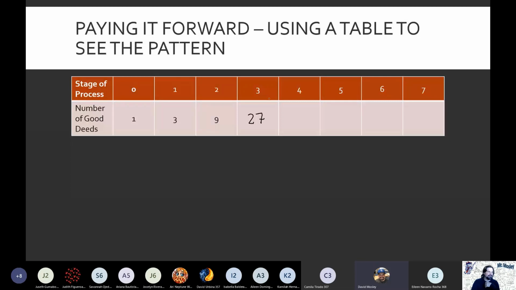Yes, all right, that's right, 81. All right, what about stage 5? 135.